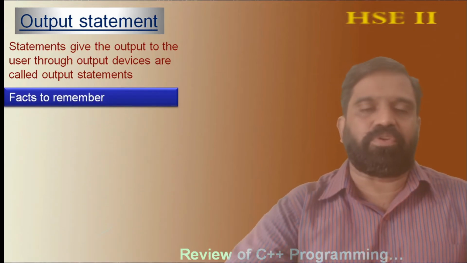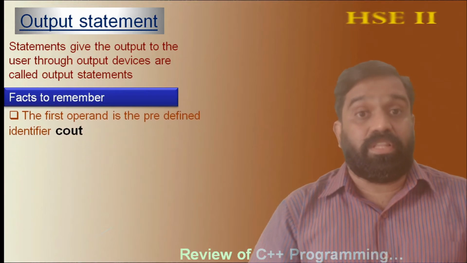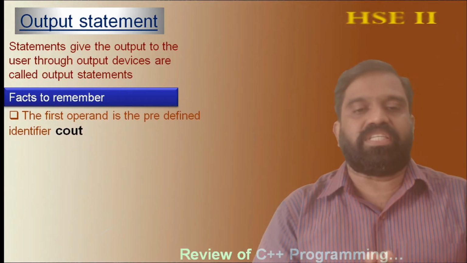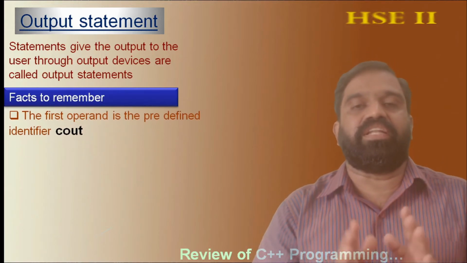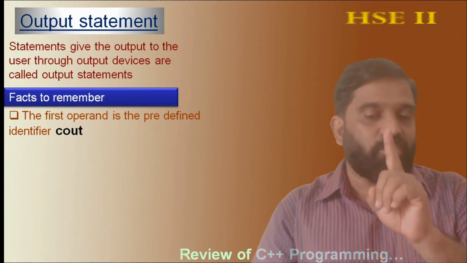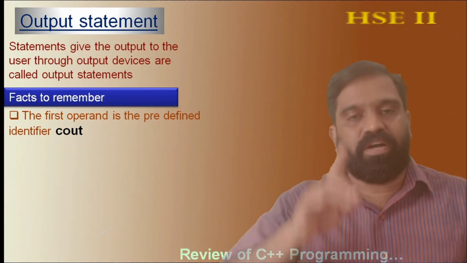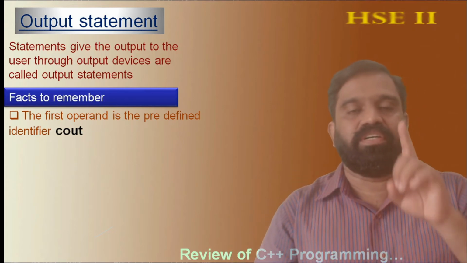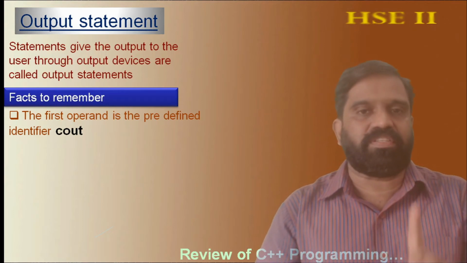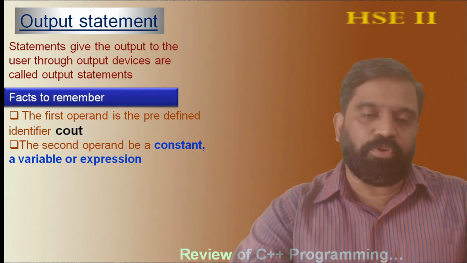A few facts we have to remember. One among these is that the first operand is the predefined identifier cout, which represents the output device. What is that? A display unit. The first operand should be the predefined identifier cout, which represents the display unit or output unit.